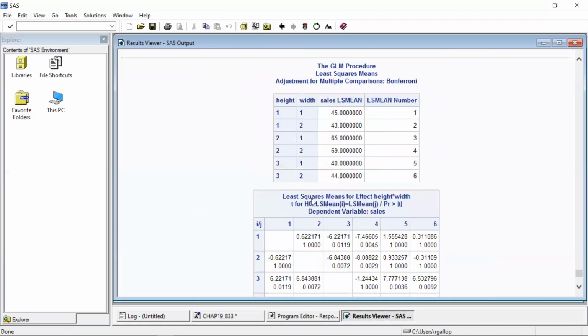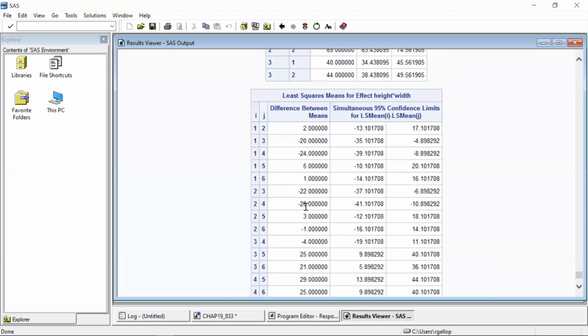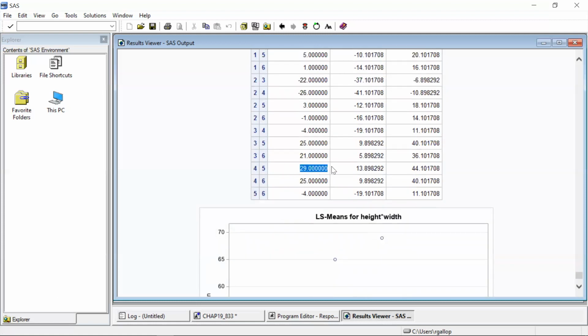So the 4-5 comparison under the Bonferroni gives us this confidence interval, which is 13.90 to 44.10 if I round it to 2 decimals.